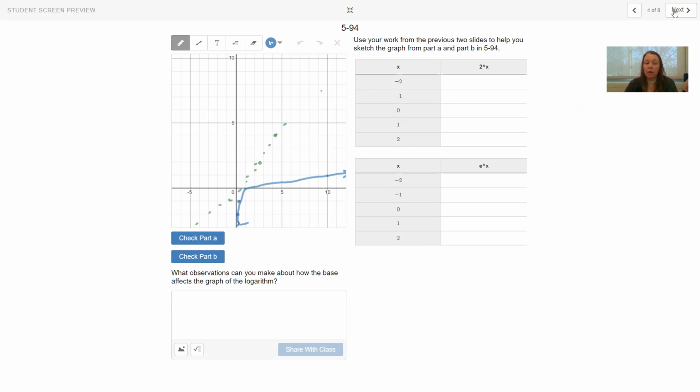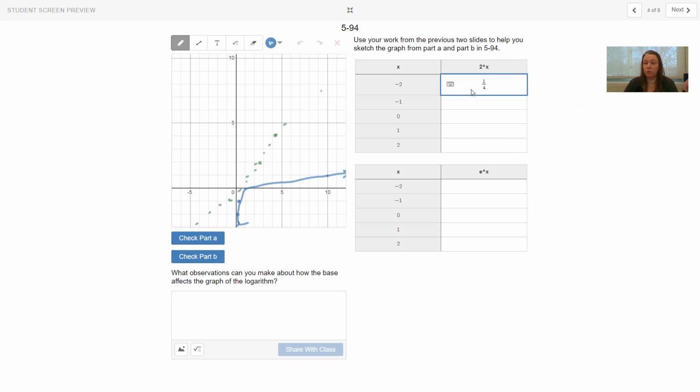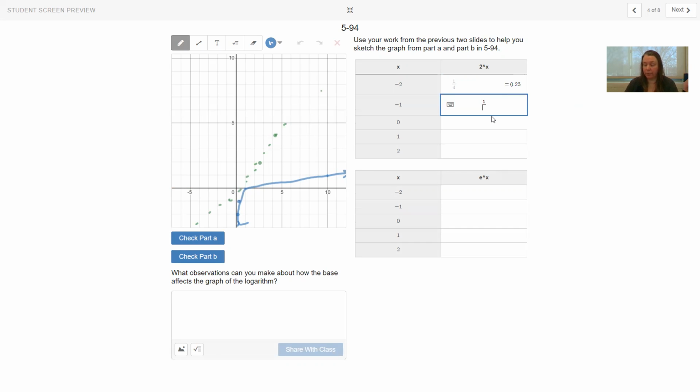All right, so now let's see what happens when we change this. It was the log base 10 of x. Now what if it was 2 to the x? So this would be 1/4. This would be 1/2.